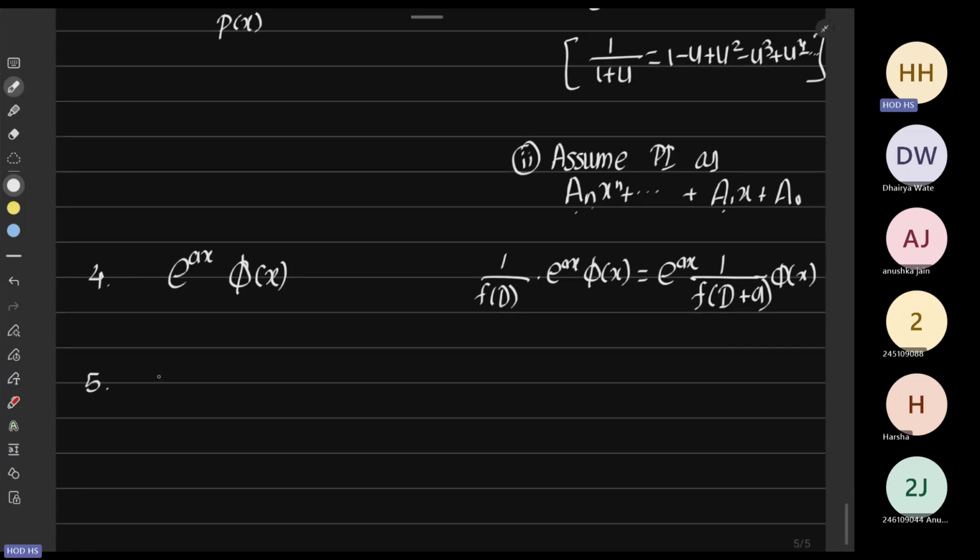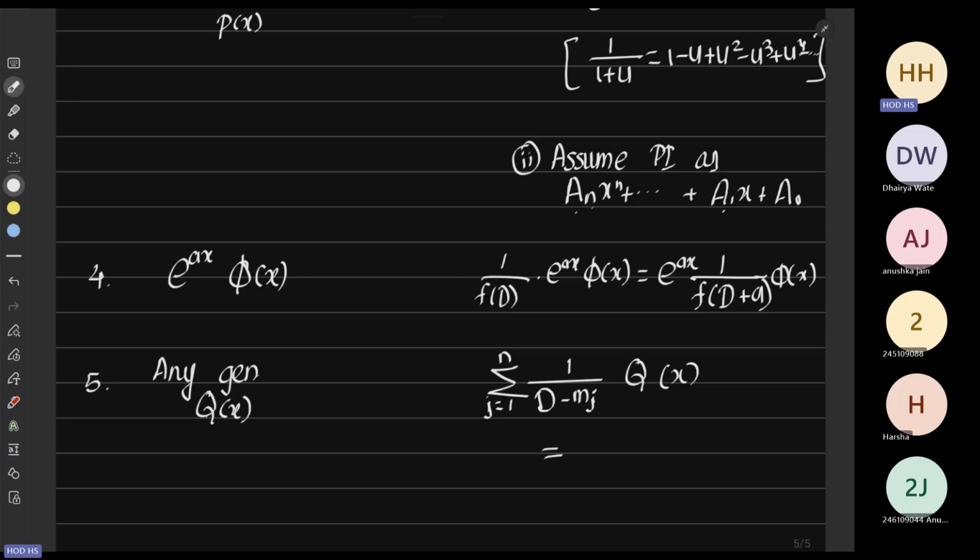And finally, any general Q of x. In this case, I'll write down my solution as summation i going from 1 to n, 1 upon D minus m_i, or m_j, writing m_j might look better, of Q of x.